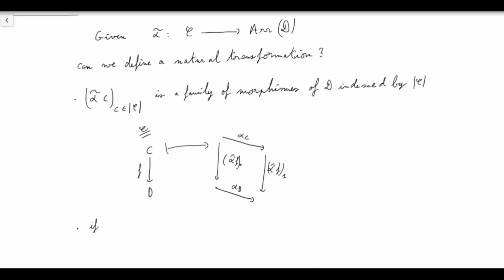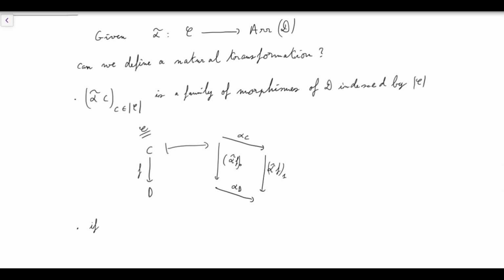So the alpha tilde gives us for any F an arrow in arrow D. That is a pair of arrows of D mapping the domain and the codomain of the initial object of arrow D, alpha C, to the codomain of the arrow in arrow D, alpha D. And we're giving them names: alpha tilde F0 to the first component and alpha tilde F1 to the second component.